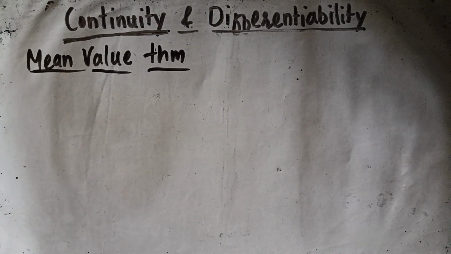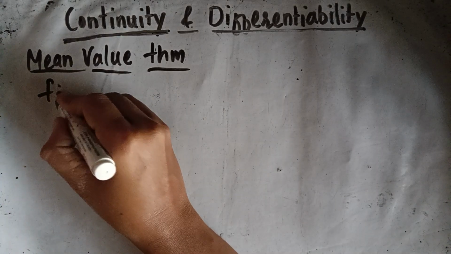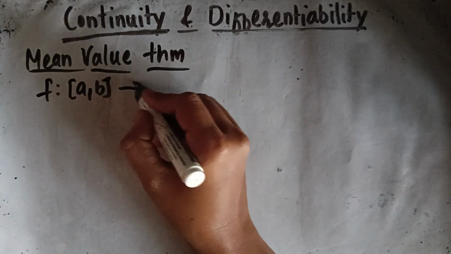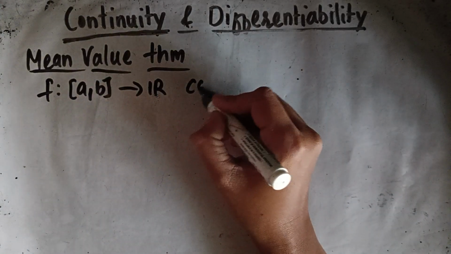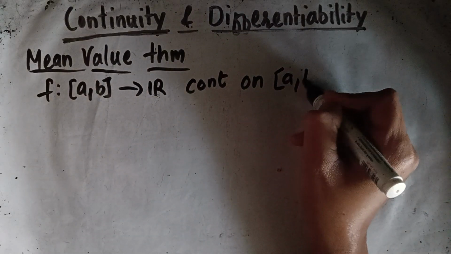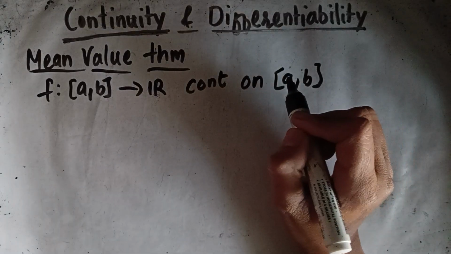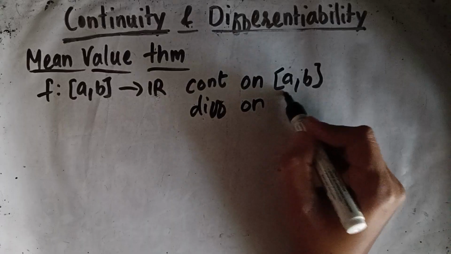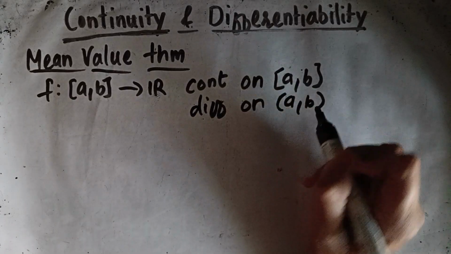Next is mean value theorem. So let f be a function defined from closed interval [a, b] to R. This is continuous on the closed interval [a, b] and differentiable on the open interval (a, b).